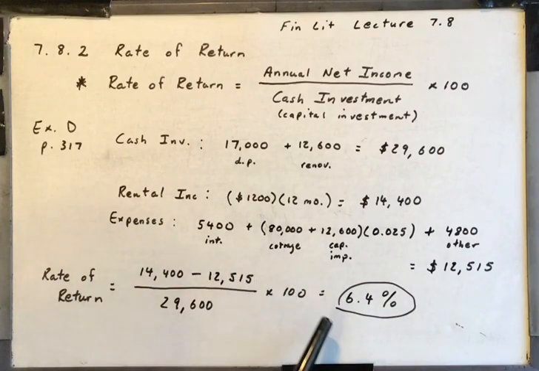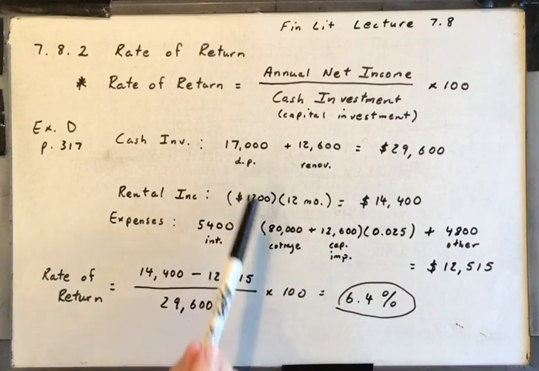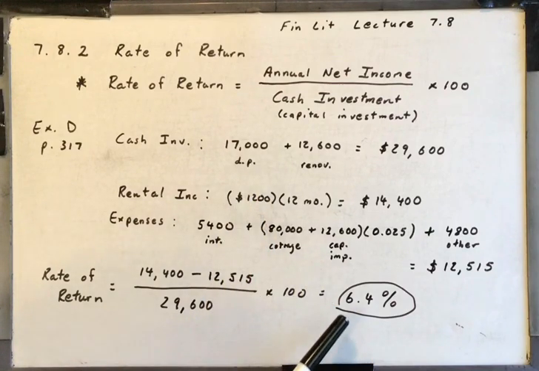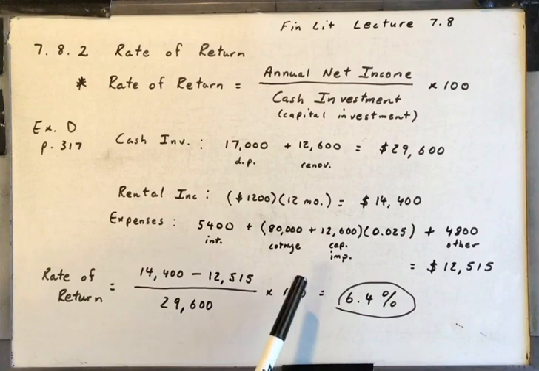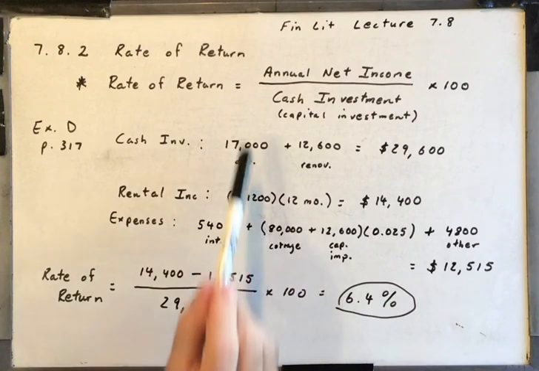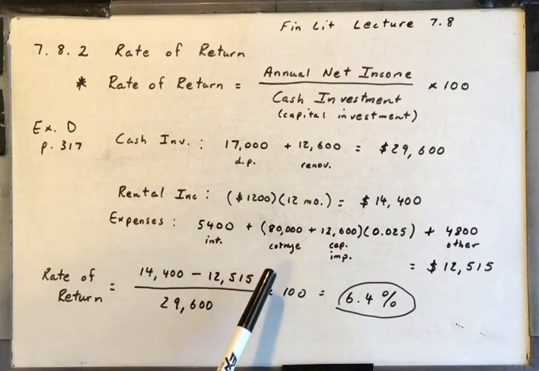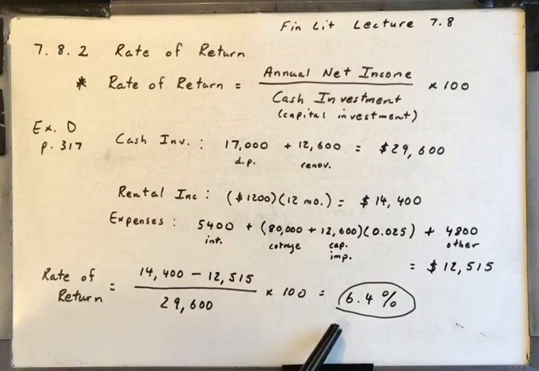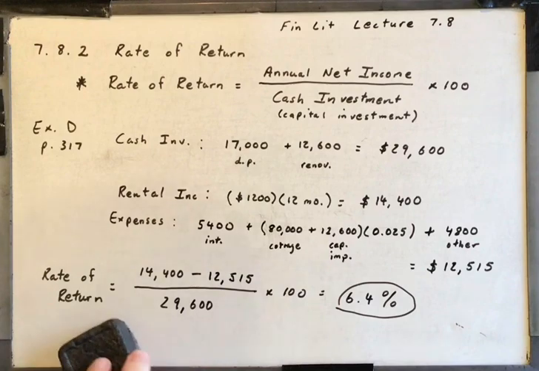So if you're in it for the long haul, I would want a real estate investment to return more than 10%, because it's not very much work to just put money in the stock market. And there's a lot of work that goes on here, a lot of time. I'd probably want my real estate to return 15 to 20% to make it worth that time. Okay, but that's a matter of opinion.